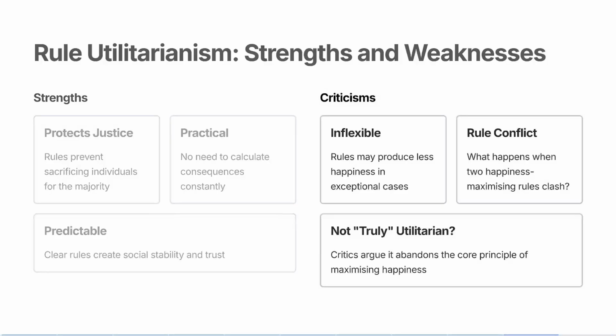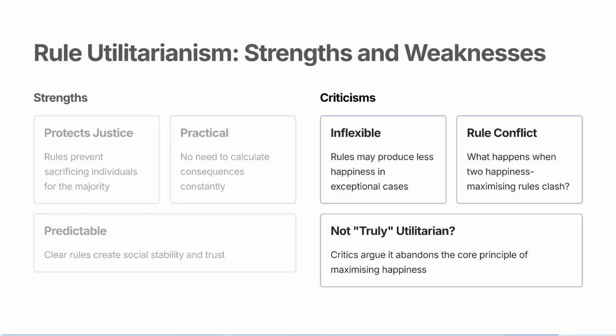But there are criticisms. It's incredibly inflexible at times. Rules provide less happiness in some exceptional cases overall, and that rigidity doesn't allow any built-in flexibility. And there's a rule conflict. What happens when there are two happiness-maximizing rules that clash?